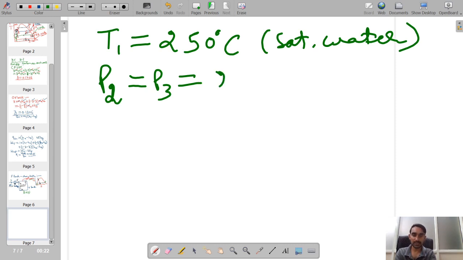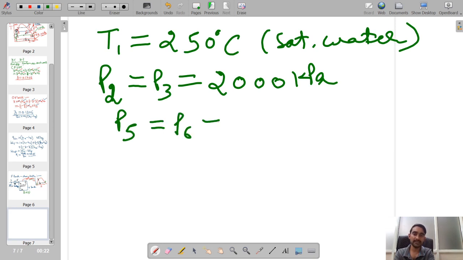So if the chamber pressure is 2000 kilopascals, the pressure of these two outlets is also 2000 kilopascals. Similarly, from the second chamber we have two outlets, P5 and P6, whose pressure is 500 kilopascals.